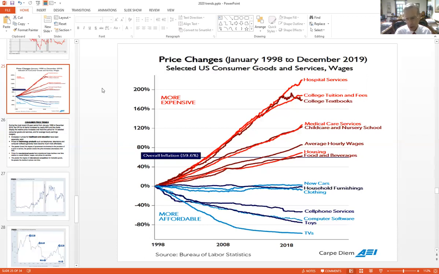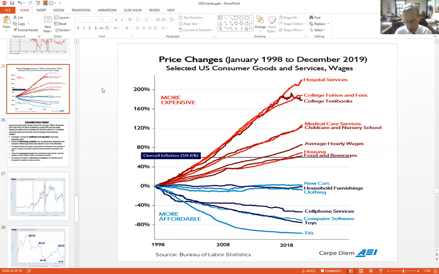The average hourly wages have not gone up as fast as those things, but they have kept up with the cost of housing and, again, food and beverages, although you may recall that due to exchange rates, we're probably going to see food and beverages moving up, and they're catching up, those prices increasing faster.